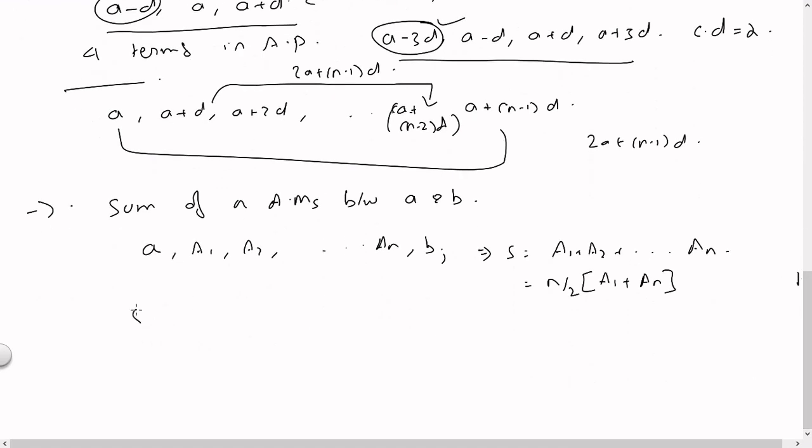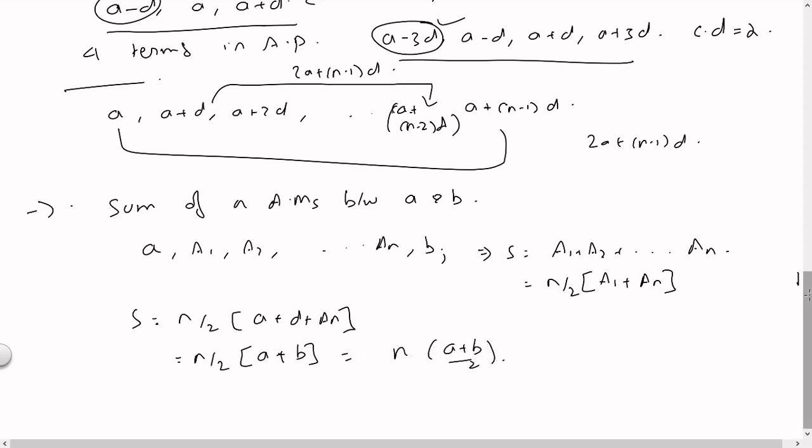Now we can write S is equal to n by 2 into a1, which we can write as a plus d, plus an. That is equal to n by 2 into a plus, since an plus d gives the next term, which is b, that is equal to n into a plus b by 2.